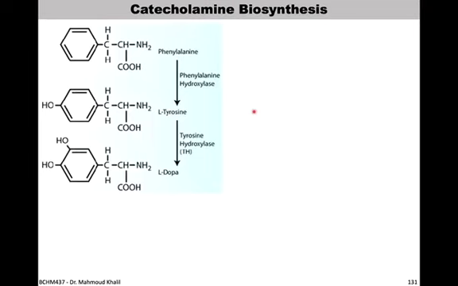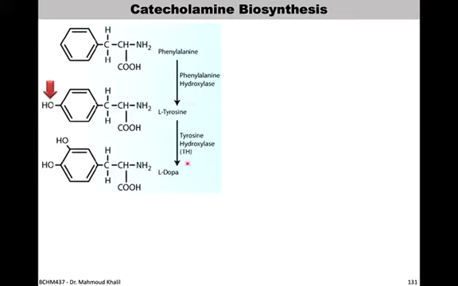So let's see here how the catecholamine is biosynthesized. You can see it starts with phenylalanine. Upon the action of the enzyme phenylalanine hydroxylase, a hydroxyl group is added on this position on the benzene ring, and the phenylalanine is converted to L-tyrosine.